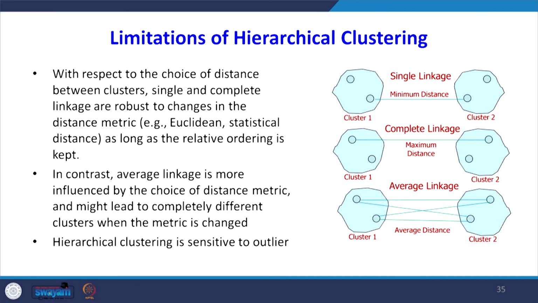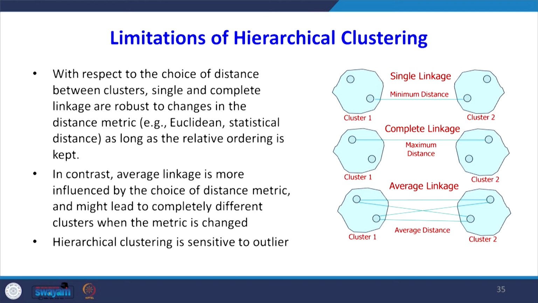Another limitation of hierarchical clustering. With respect to the choice of distance between clusters, single and complete linkages are robust to changes in the distance metric as long as the relative order is kept. So, what is the example of single linkage? When you look at this, there is cluster 1 and cluster 2. The minimum distance is called single linkage, and the distance between the farthest points is called complete linkage.